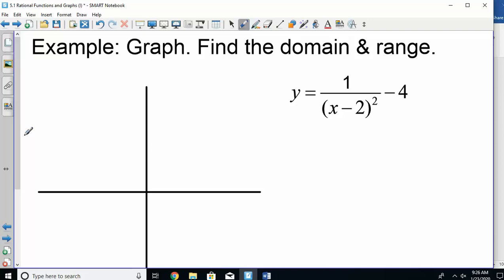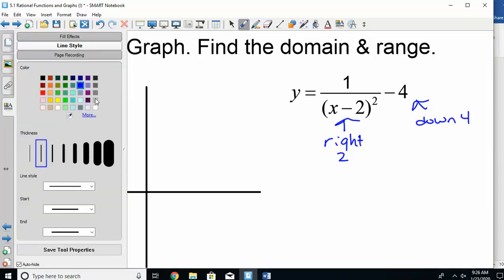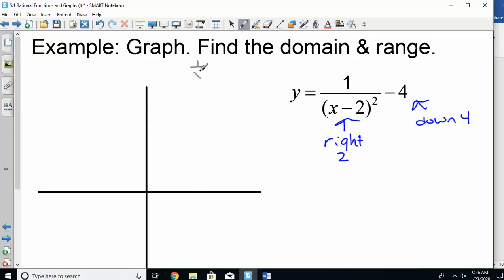You could think about, okay, I know it's at 0, so if I move up or down, where is it going to end up? All right, so let's actually draw this now and verify that. You said that this would take it right 2, and that would go down 4. This time, my parent function is 1 over x squared.